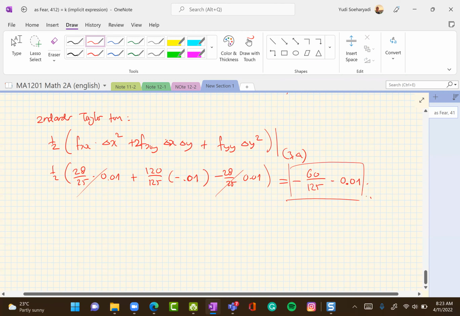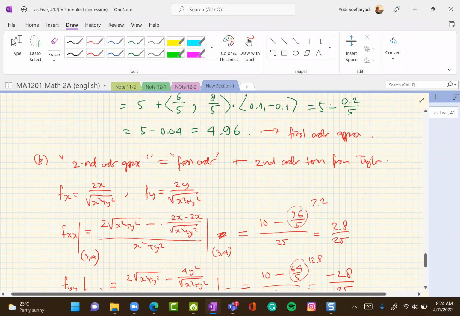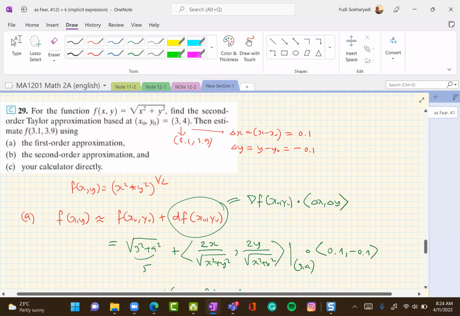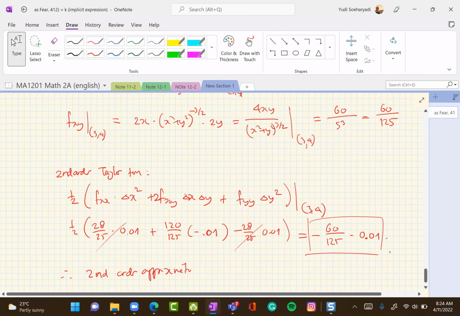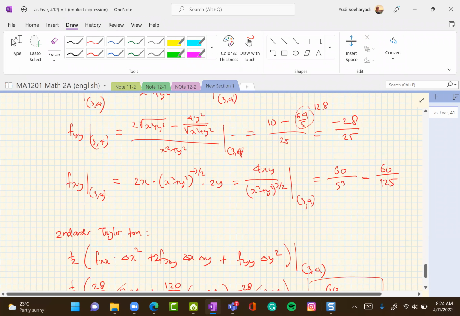So the second order approximation of f of 3.1, 3.9 is approximated by, all right, first order approximations.